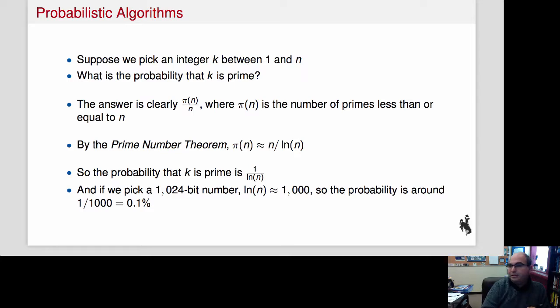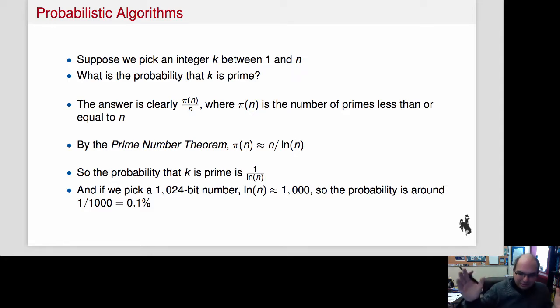So for example, when n is equal to 10, there's actually 2, 3, 5, 7, 4 primes, okay? That's not really n divided by log n, okay? Let's try 100. There are 25 primes, okay? Yeah, that's not quite right. But if you try something like 1,000,000 or 100,000,000, that's really accurate, okay?